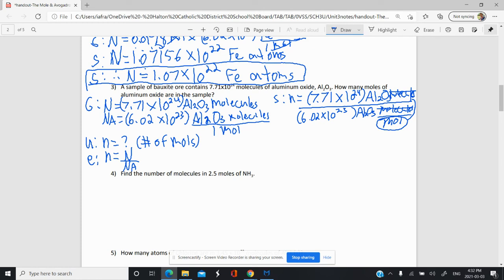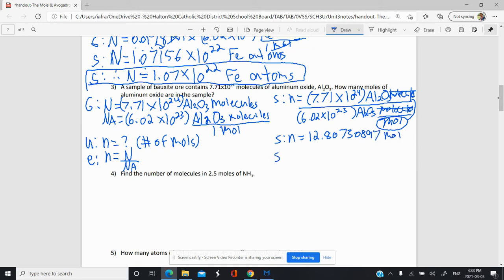Here we get 7.71 times 10 to the power of 24 divided by 6.02 times 10 to the power of 23. And so we get that n is equal to 12.80730897 moles.